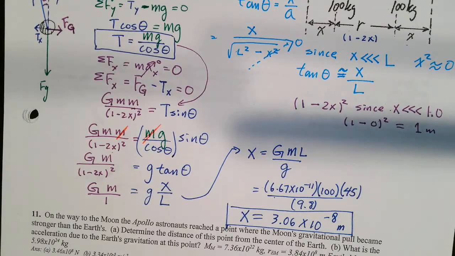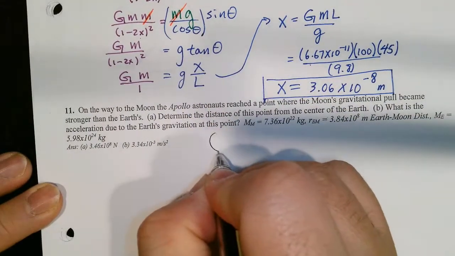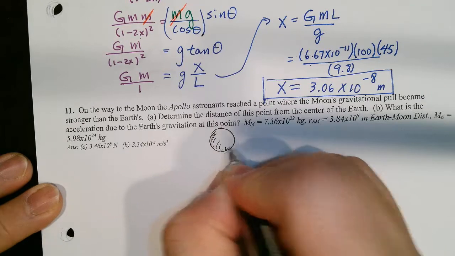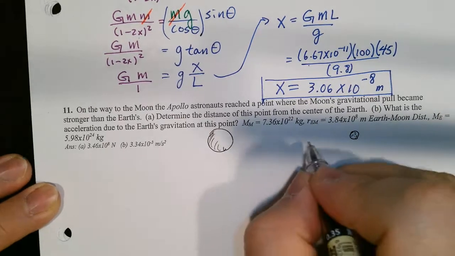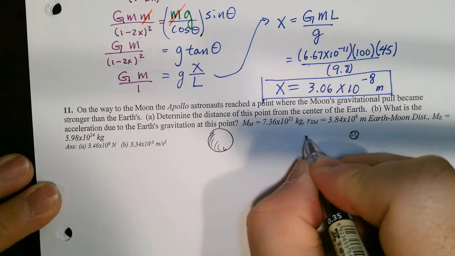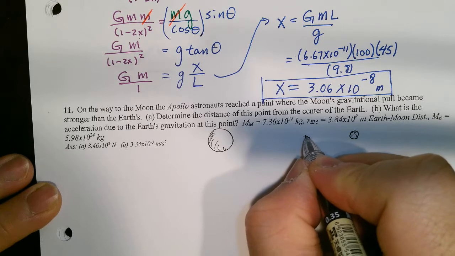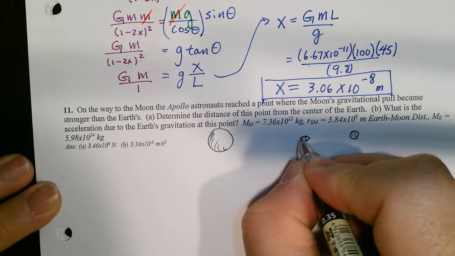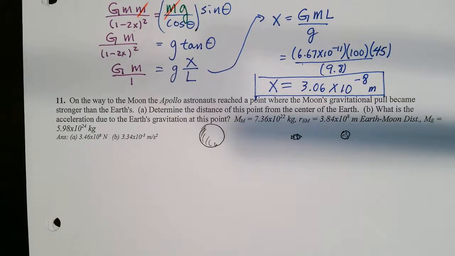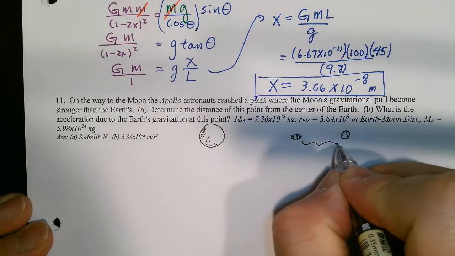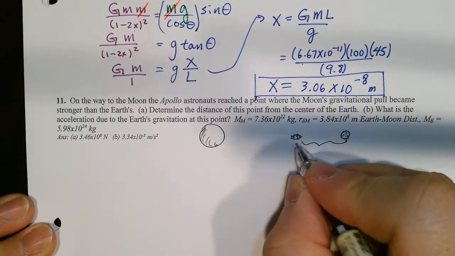So if you want to, you can think of, so here's Earth, and then here's Moon, and then here's the Apollo, the spaceship. So there's going to have to be a distance from the center of the moon to the Apollo.